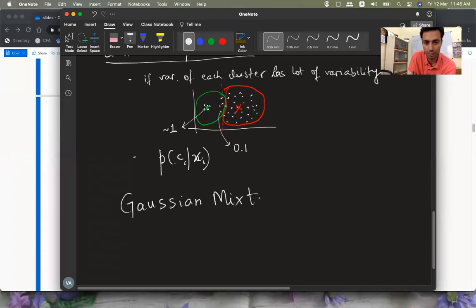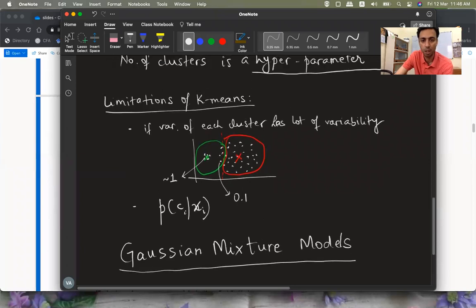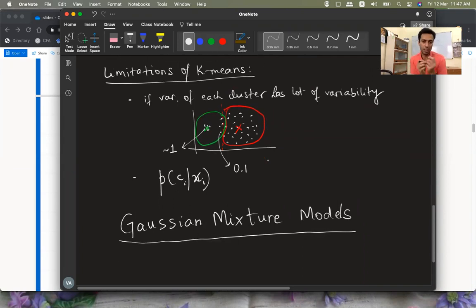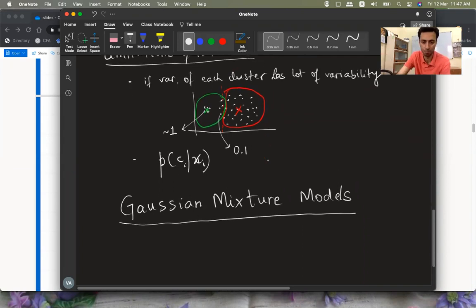It is also an unsupervised approach, but instead of modeling these points just with a centroid, we model it with a centroid and a variance term.